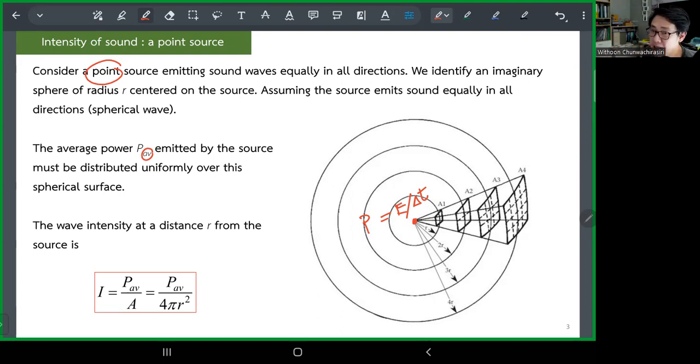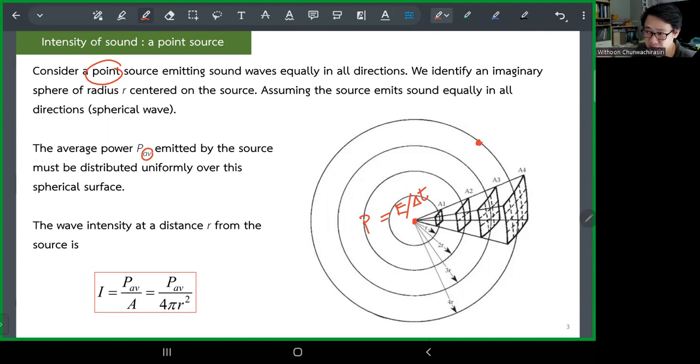But then thinking another way, on the receiving end, it depends on how far away you are from the source as well. Why? Because when you are far away, you have to distribute that power over a larger area. Does that make sense, guys? So the share that you're going to get in your ear, let's say you use your ear to listen to the sound, it's going to get less and less when the sphere grows bigger and bigger.